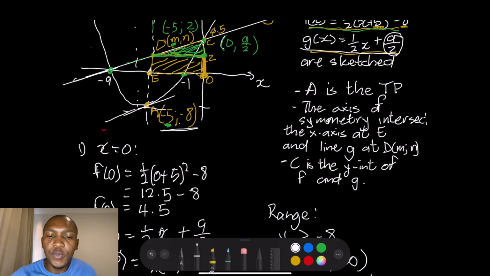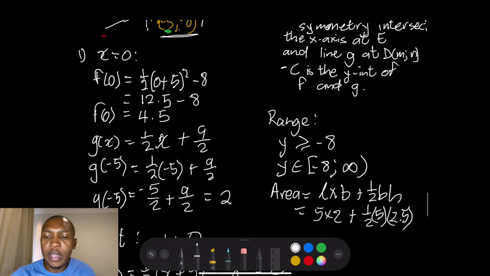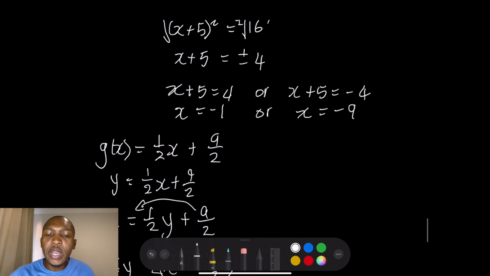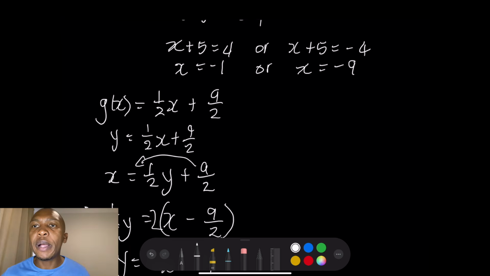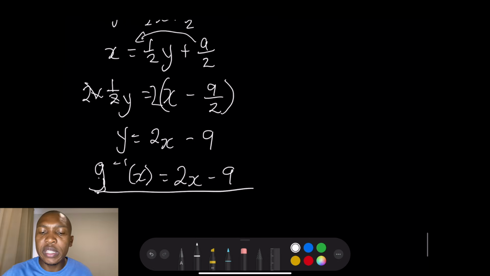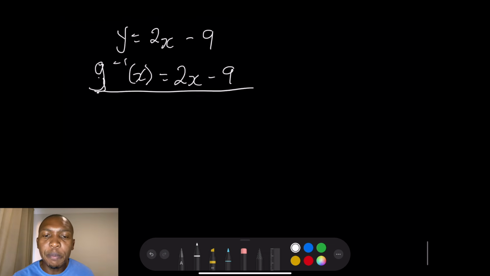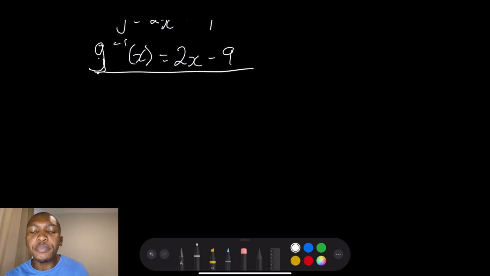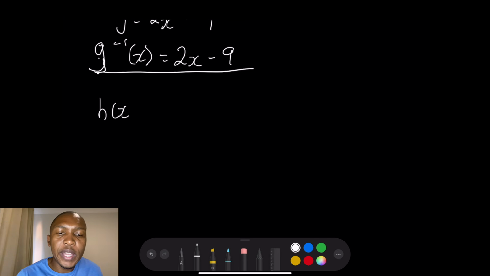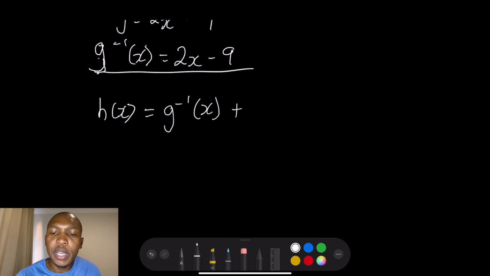So they want us to find the equation thereof. Please just remember what happens at the tangent. We said this is a line that touches the graph once. So now let's find, they said h of x is equal to g inverse of x plus k.